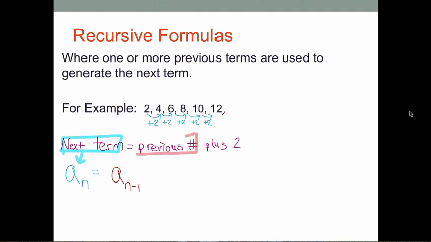So previous number or previous term is represented just like the next term, but it's with this subscript of n minus 1. And then plus 2, well, we know how to write plus 2 mathematically. We've been doing that for a while. We do our addition sign and then 2. So this is an example of a recursive formula.